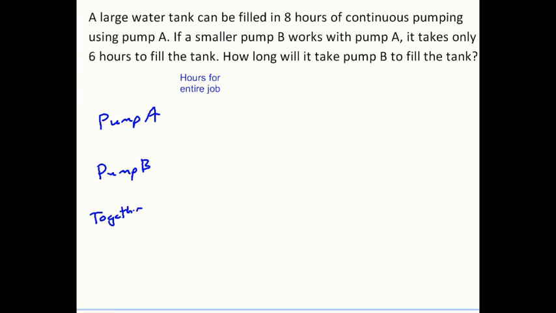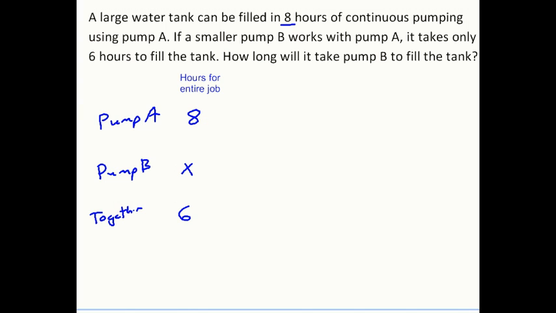And so we can fill that in. We'll add to our table in a minute. But we know that pump A would take 8 hours to finish the job. We're actually trying to find how long it will take pump B to finish the job, so that's going to be our variable, x. But we know working together, it's going to be 6 hours.